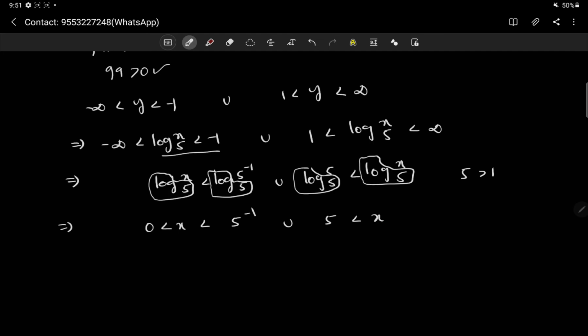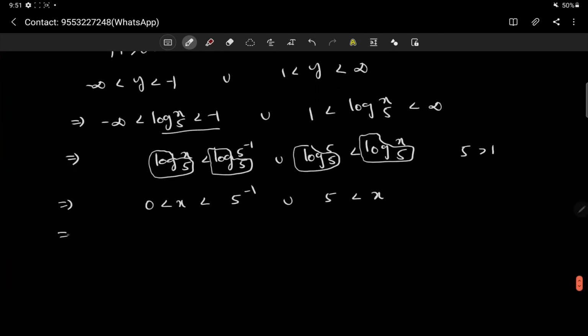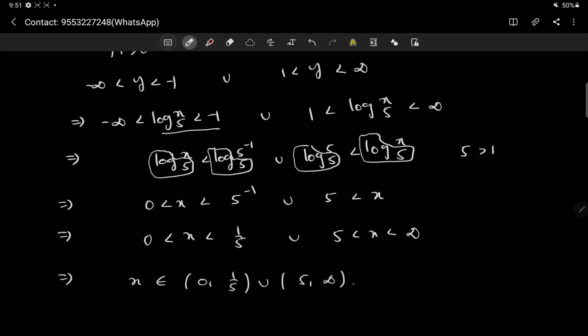So 5 less than x, and x you can have up to infinity. Okay. So 0 less than x less than 1 by 5, union 5 less than x less than infinity. So therefore finally x belongs to (0, 1 by 5) union (5, infinity). Okay, so this is the interval for x to satisfy the given condition.